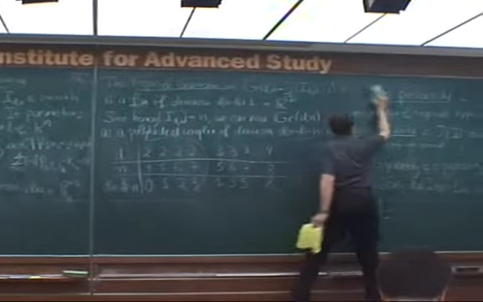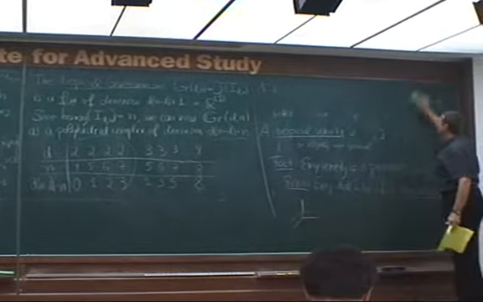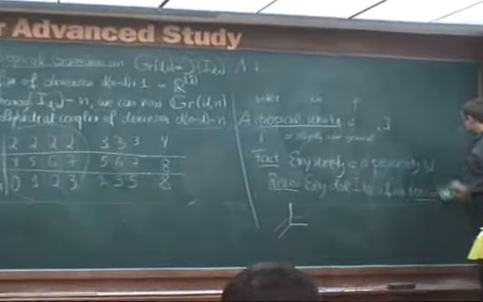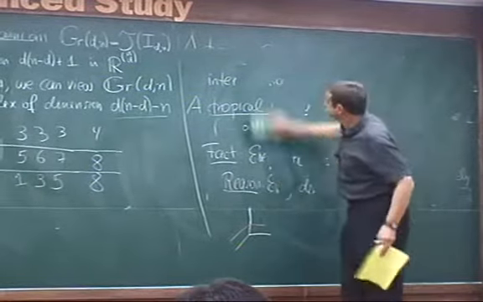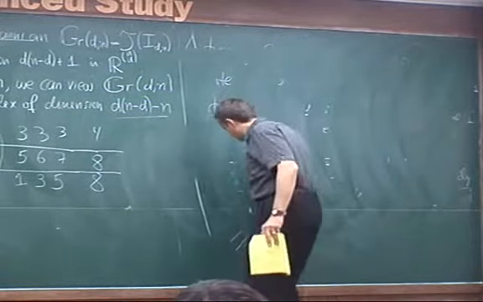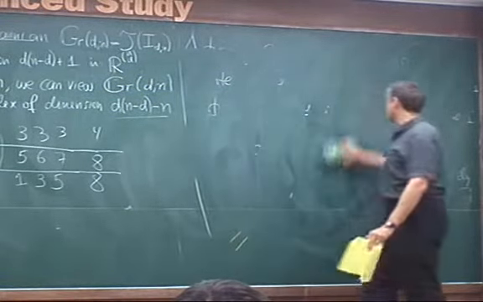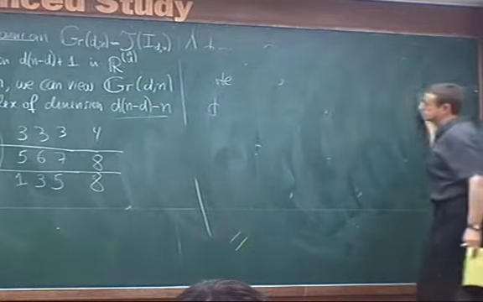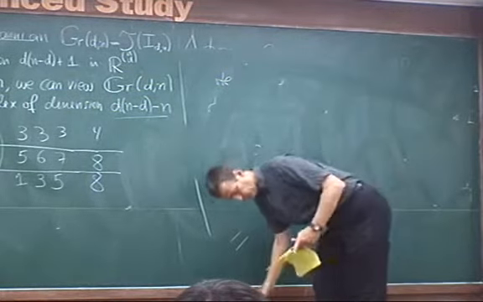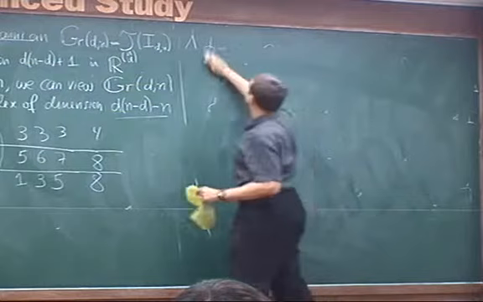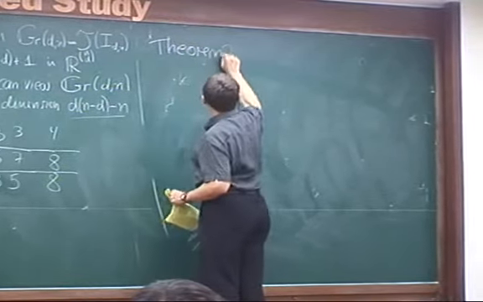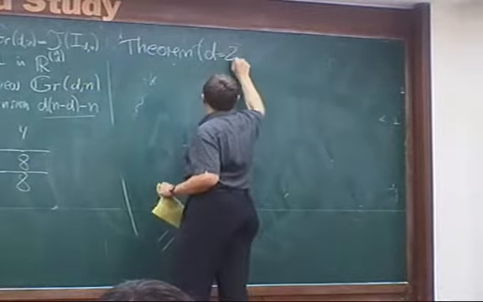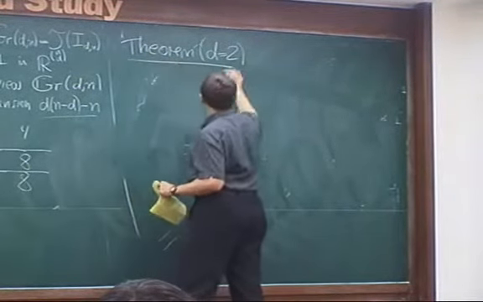So let me summarize everything we know about the space of trees, G2n, in one theorem. Okay, so this is a theorem that summarizes the situation for d equals 2.